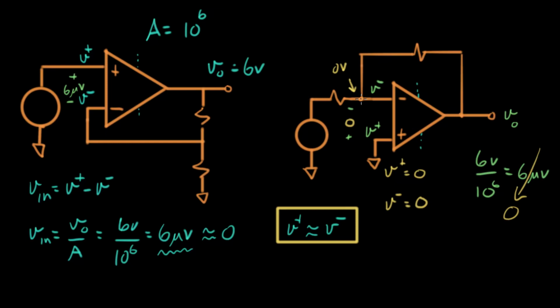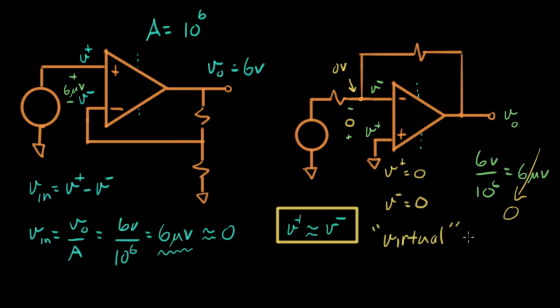Now, is it connected to ground? It's not connected to ground, but it's 0 volts because of what this op-amp is doing for us. This op-amp is making sure, by this feedback path, that this node is always next to this node, and that means it's always 0. There's a really cool word that we use for this, and the word is virtual. What does the word virtual mean?